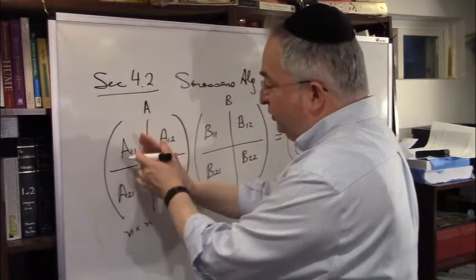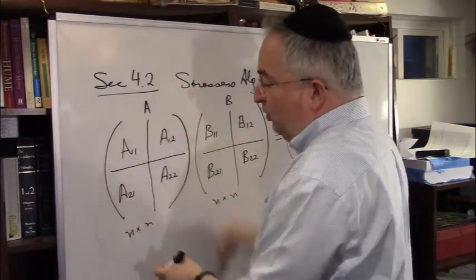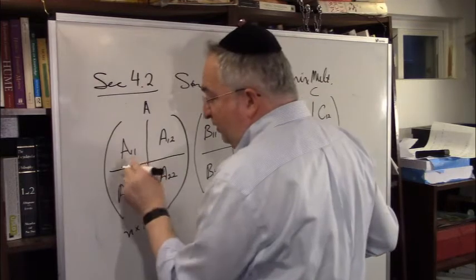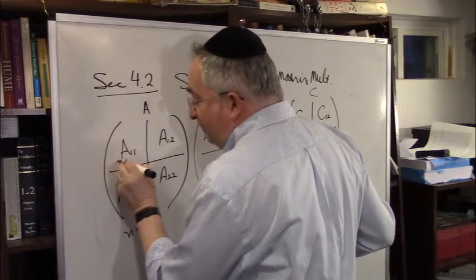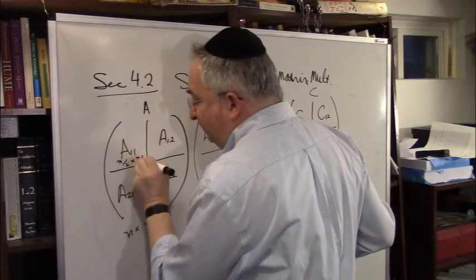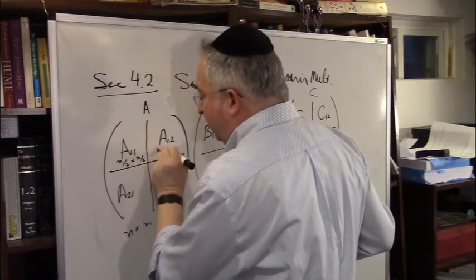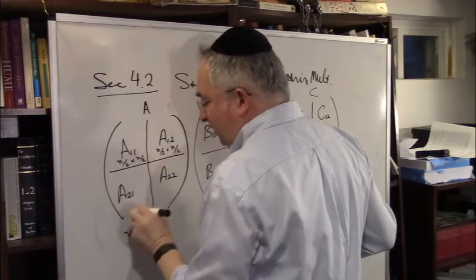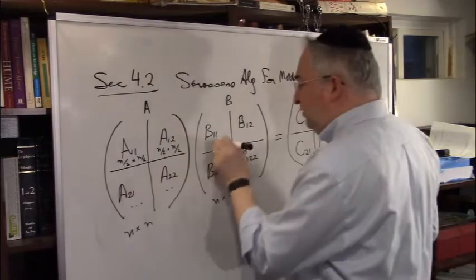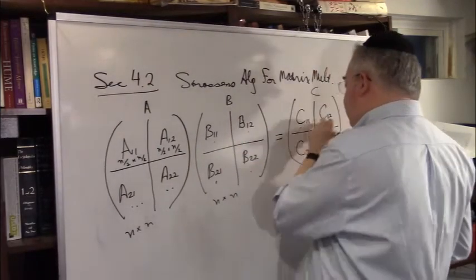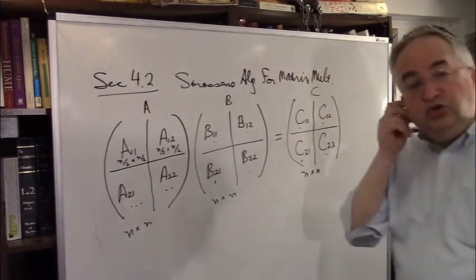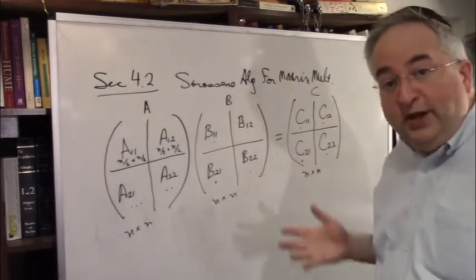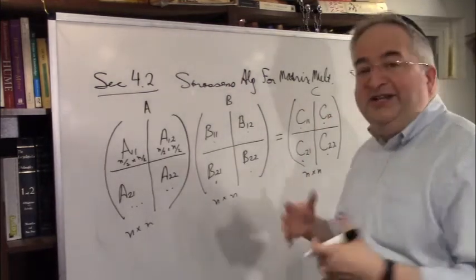Well, if the matrix is n wide and n long, then each one of these matrices is going to be n/2 by n/2. Same thing here, here, here, here. Each one of these is an n/2 by n/2 matrix. Great. Now, how does it help us?